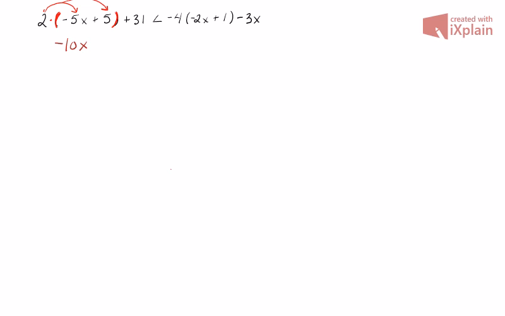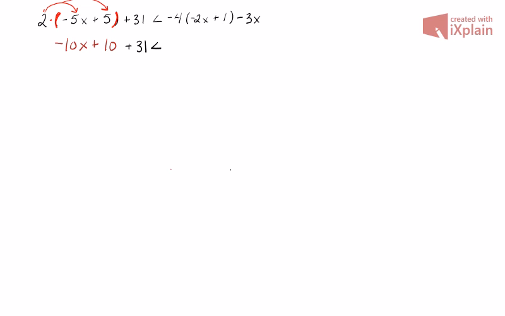And then we're going to do 2 times a positive 5, so that's going to give me a positive 10. That's how I determine what symbol I should have between the 10x and the 10. Since it's a positive 2 with a positive 5, I'm going to get a plus 10. And then we'll have our plus 31. That just follows along because it is not in the grouping symbol, so it does not get multiplied by 2.